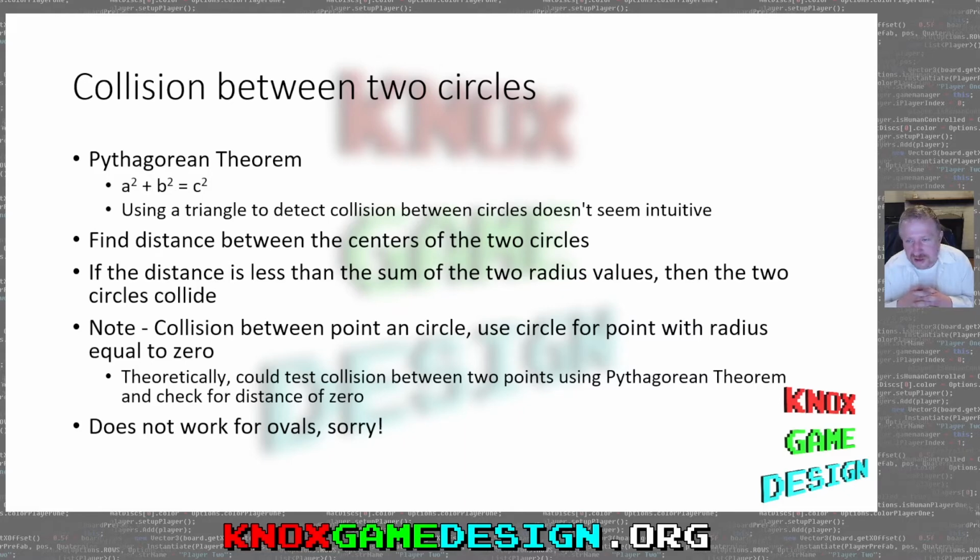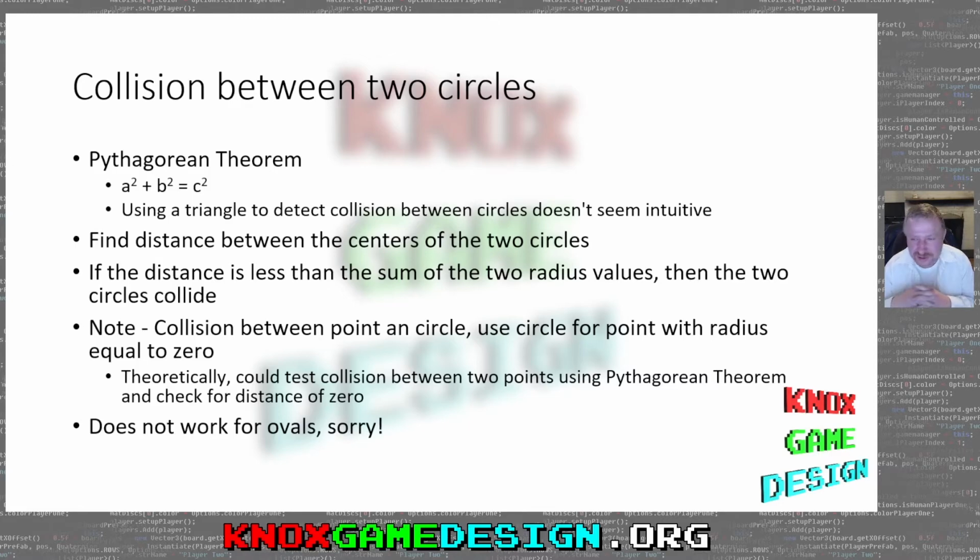So really, you're calculating the hypotenuse, the distance between 2 points, or the hypotenuse of a triangle. It's kind of weird, using a triangle to determine whether circles collide doesn't seem intuitive, but it does work.